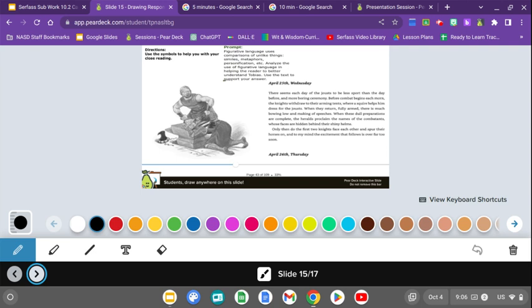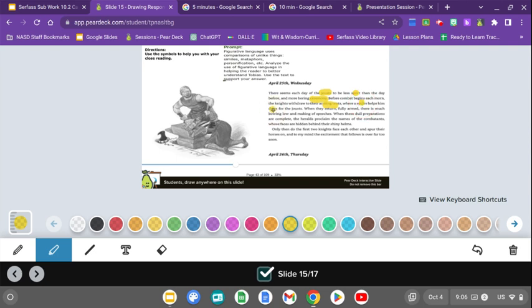April 25th, Wednesday. And just a reminder, we are still looking for evidence that helps us with the word chivalry. Chivalry, knightly moral code. Mighty oracle. There seems each day of the jousts to be less sport than the day before, and more boring ceremony. Before combat begins each morning, the knights withdraw to their arming tents, where a squire helps them dress for the jousts.